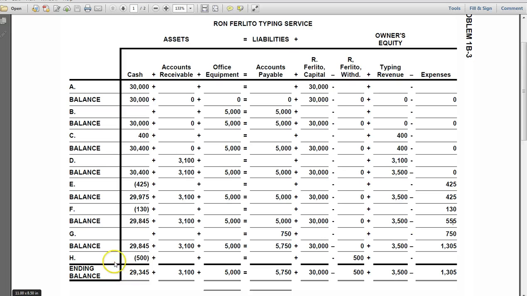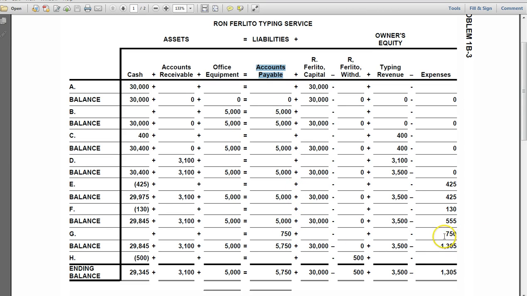In transaction G, it notes that we incurred the rent expense, but we still owe the landlord. If we incurred the expense during the month but haven't paid for it yet, that's an obligation that we have recorded as accounts payable.